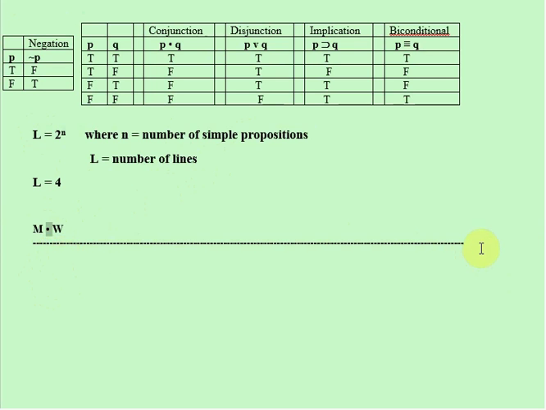Okay, so we need the initial truth value distribution, and we have 4 lines. And so how do we do that? Okay, we take all the truth values and we begin by splitting them in half. Well, how many truth values are there?